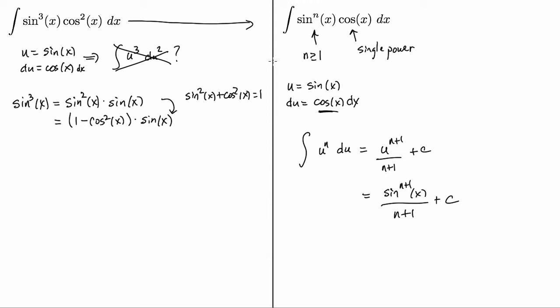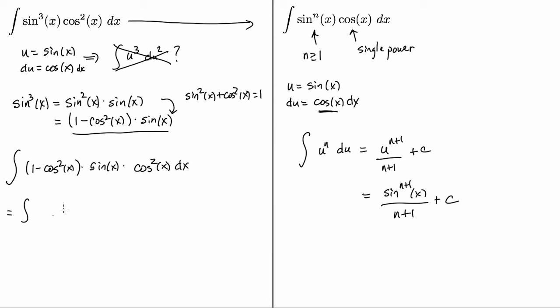All right, if I take this and replace it into the integral, then I'm looking at the integral of 1 minus cosine squared times sine times cosine squared. And at first glance, that doesn't really seem to help.